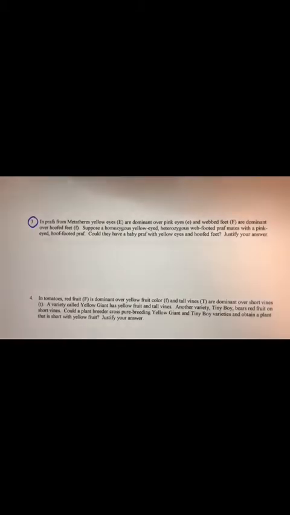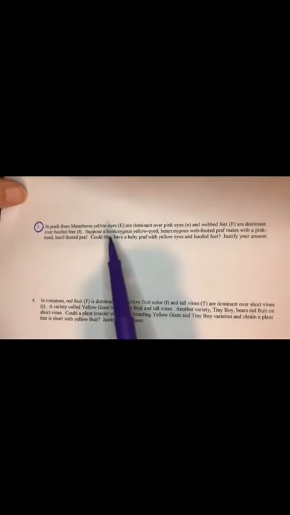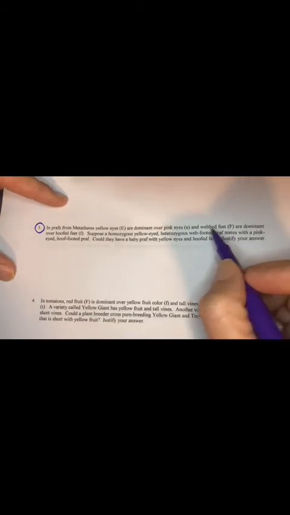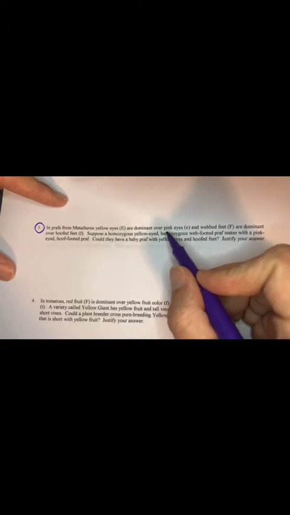Now looking at number 3, we have 2 traits. We're looking at the yellow eyes, which are still dominant over pink eyes, and in addition, a second trait, which is their feet. These traits are not related in any way. Remember the rule we're going to talk about with Mendel, independent assortment.